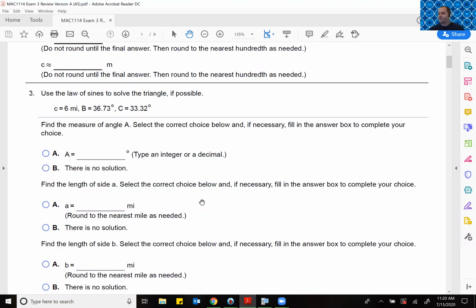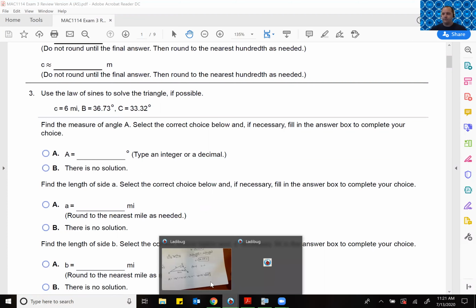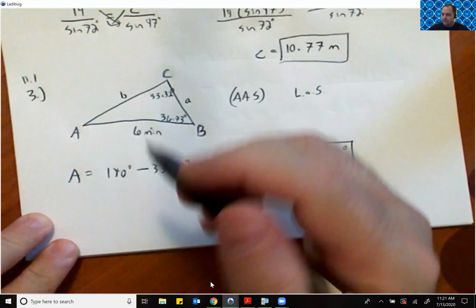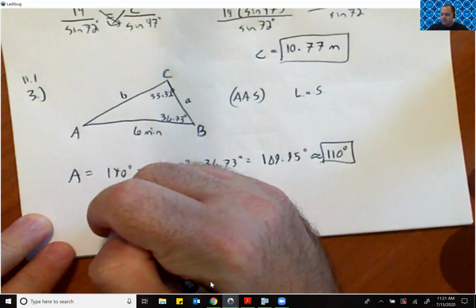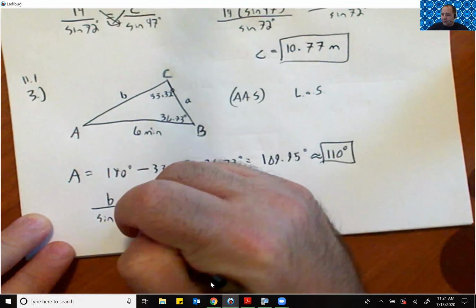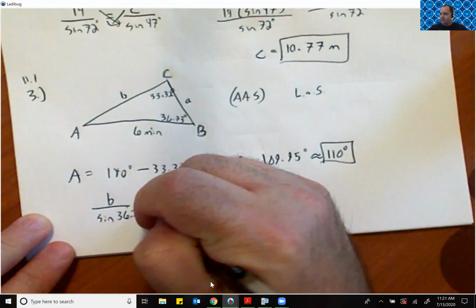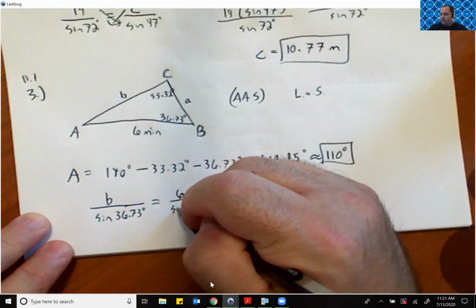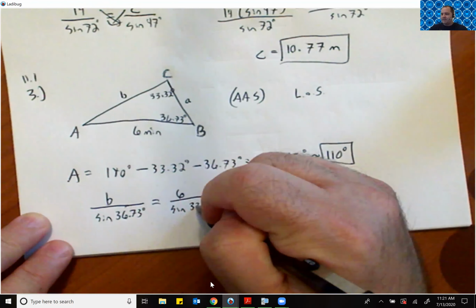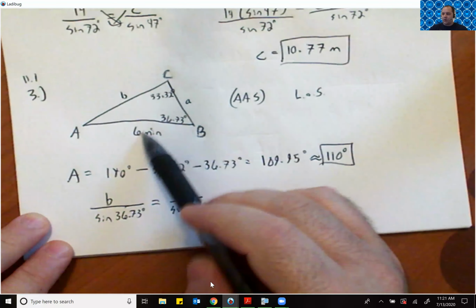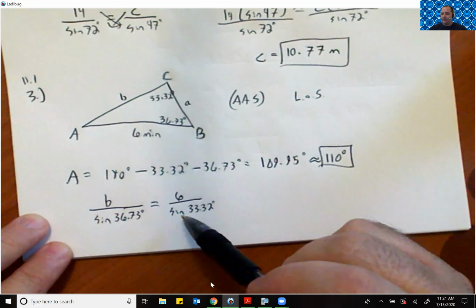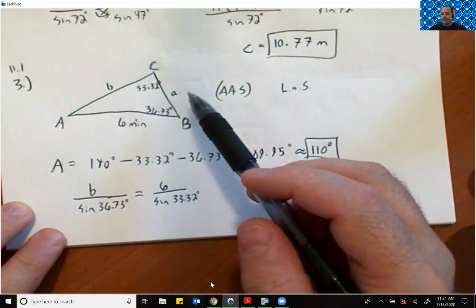All right, so we're just going to find all this information the same way that we just did it a second ago. So in order to find B, I'm going to have B over sine 36.73 degrees equal to 6 over sine 33.32 degrees. Because I like these two because these pair up and I know that these are correct. And then I'll just use the same setup to help me find little a.